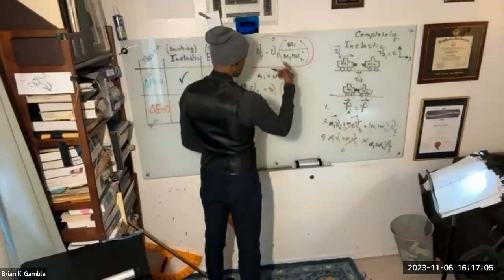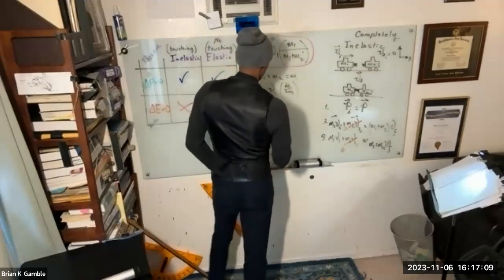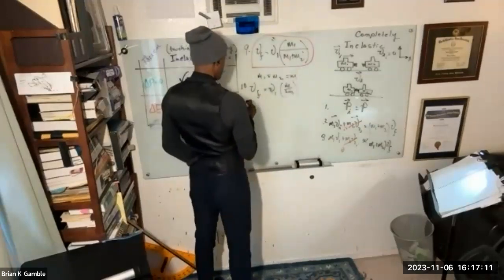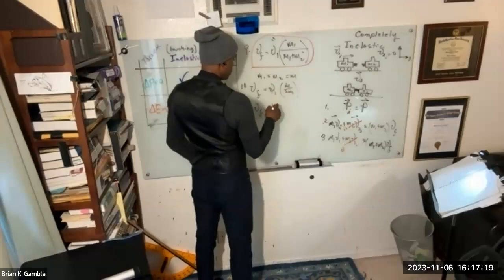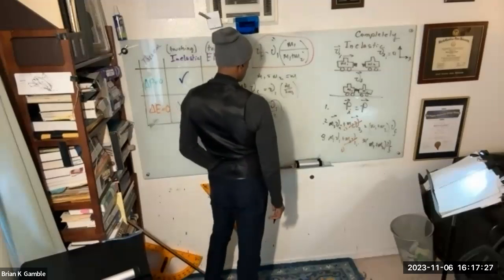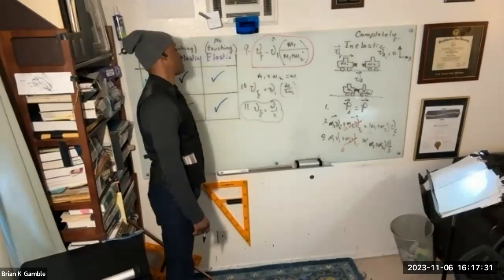Basically, I have that in that special case where M1 equals M2, the final velocity of the coupled thing is going to be equal to V1 over 2. How about that? So the velocity cuts in half.